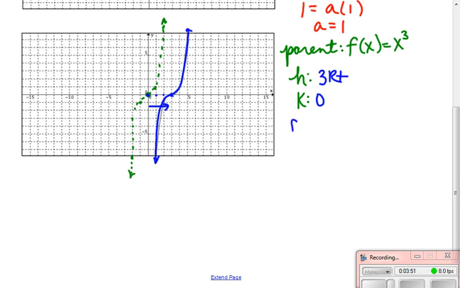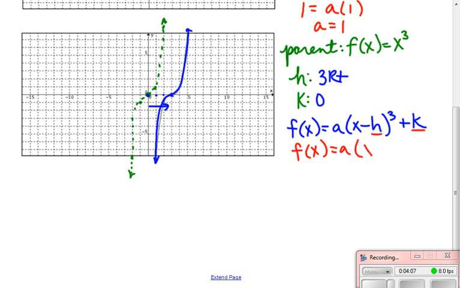So when I look at my expanded form, what can I fill in? Well, I can fill in here and here. So I have f of x is equal to a times x minus 3 because I'm going right, cubed, plus 0 that I'm not going to write. Now the same way that I did before, I have to pick a point not on the vertex.